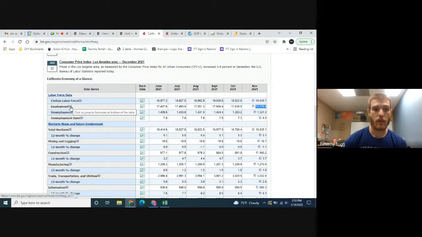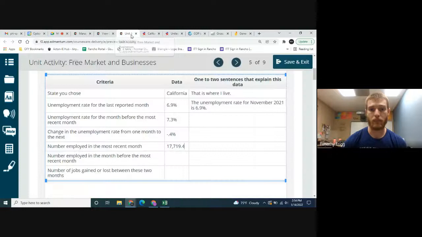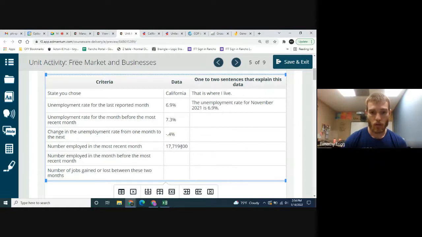This one means that this number is in thousands. So we multiply by 1,000 to get the true value. So in California, it is 17,719,400 roughly. And that was for November.